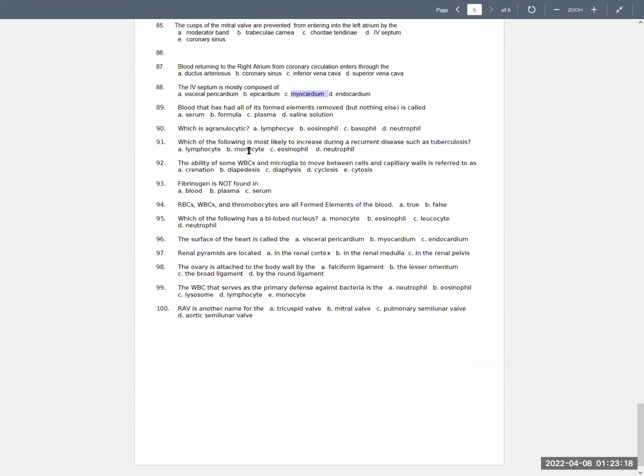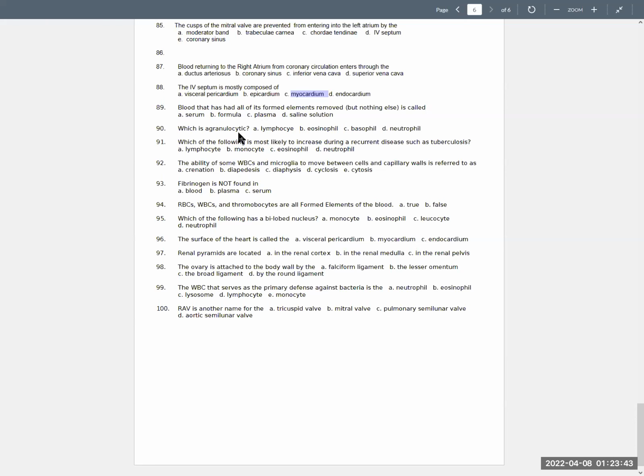I'm running into a section where it looks like I asked the same question again. 89, blood that has had all of its formed elements removed, but nothing else, just the formed elements filtered out. What's it called? Plasma. Plasma, right?